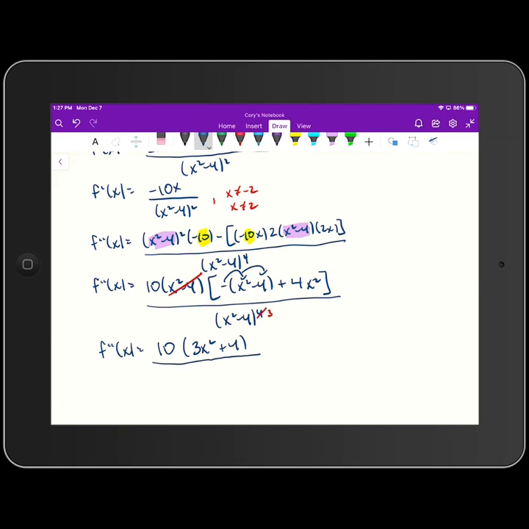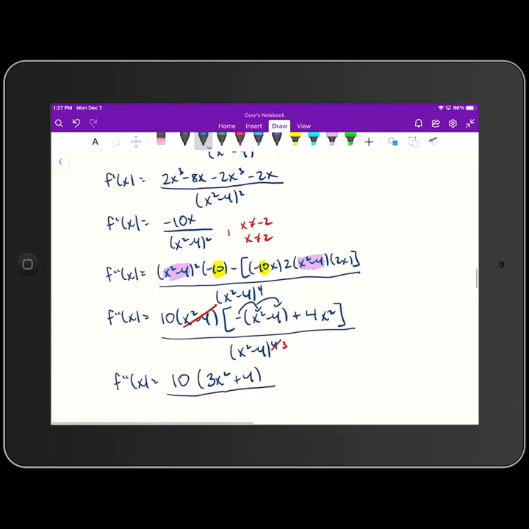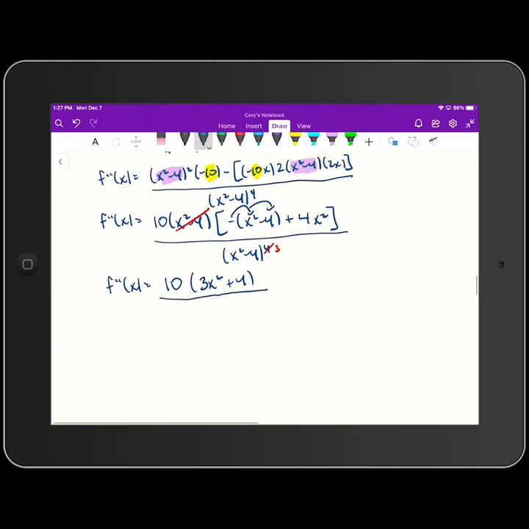And then on bottom, we have x squared minus 4 cubed. I can factor that to be x minus 2 times x plus 2 raised to the 3rd power, and then I'm going to apply that exponent to each of those factors. Okay, so we have x minus 2 cubed times x plus 2 cubed. All right, and that right there is my second derivative simplified completely.